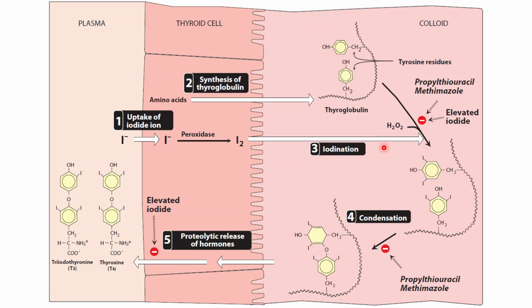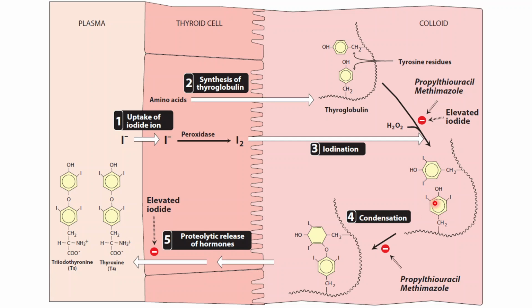and the drugs that inhibit the iodination will decrease the levels of the thyroxine and triiodothyronine. The iodination will be on meta position.